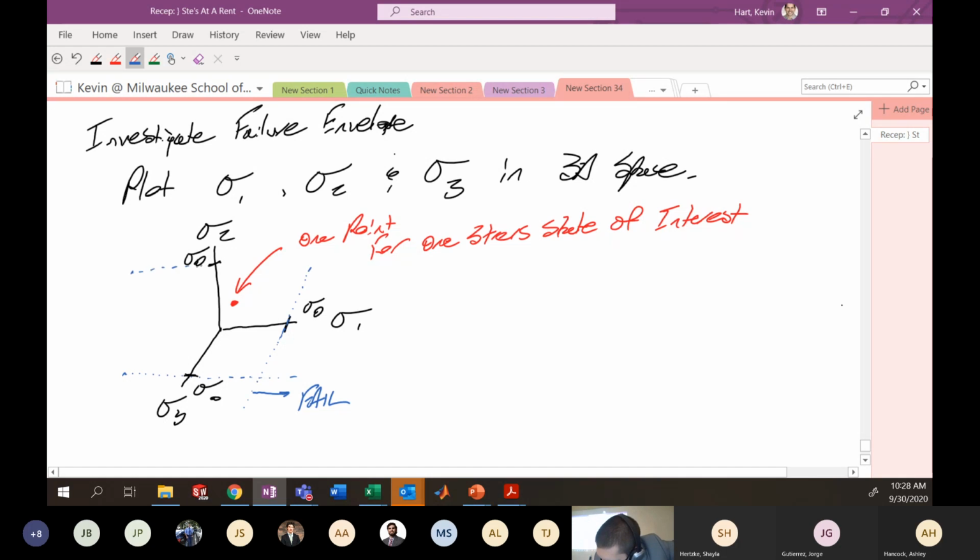I create some line up here that says if sigma 2 ever exceeds sigma 0, I will fail. If sigma 3 ever exceeds sigma 0, I will fail. So what you end up with is a series of lines that allow you to construct an object in this three-dimensional space. If you have a stress state that gives you principal stresses, and that stress state results in a point that exists inside of this object that we're going to create, you're safe. And that object actually looks like a cube in this situation.